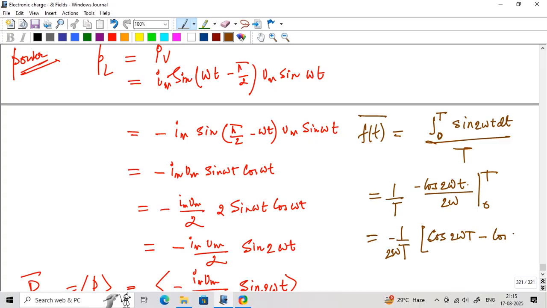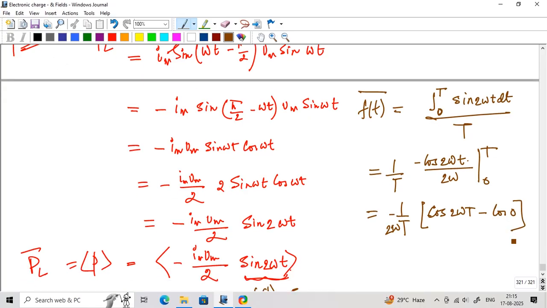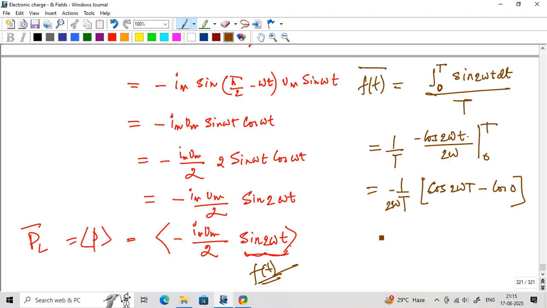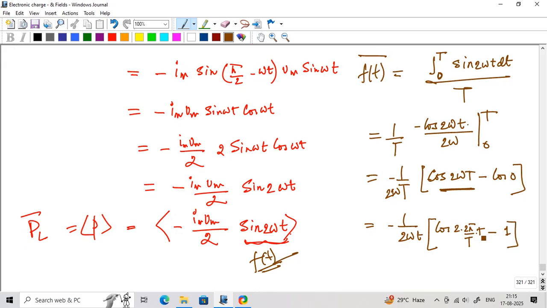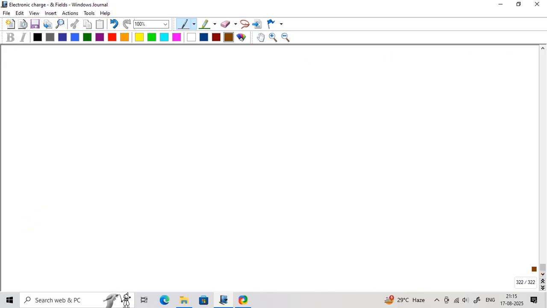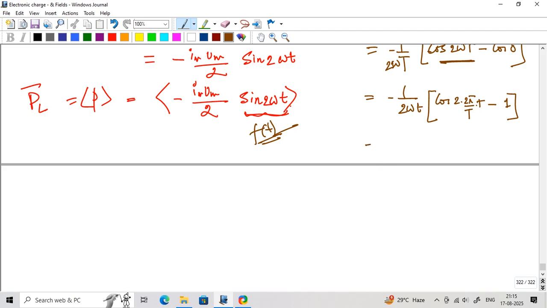Cos 0 is 1, and cos 2 omega T, with omega equal to 2 pi by T, is cos 4 pi.